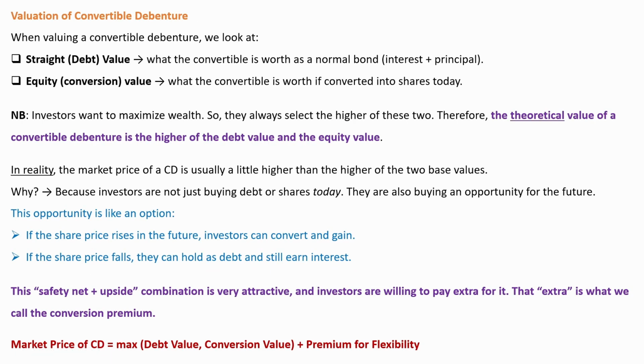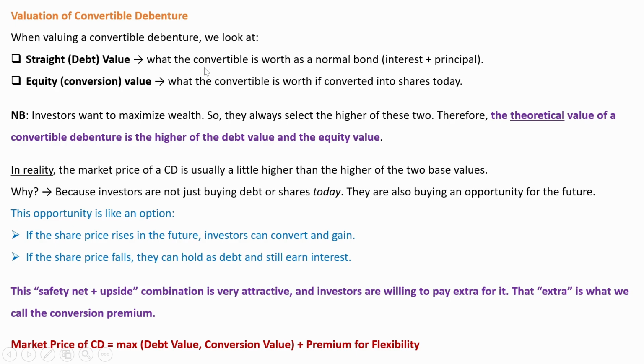So next, let us focus on valuation of convertible debenture. When valuing a convertible debenture, we look at two things. The first thing we look at is the straight value, or the debt value.